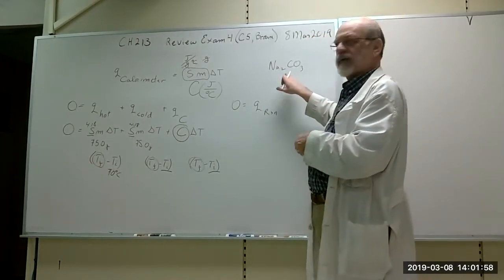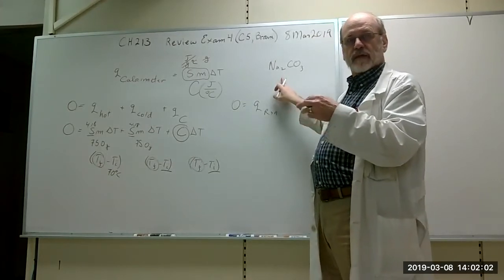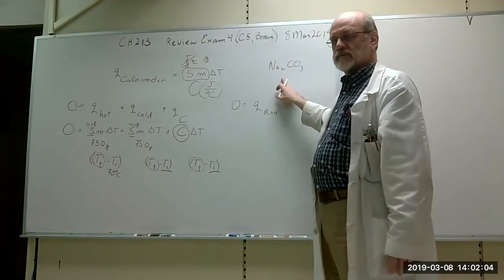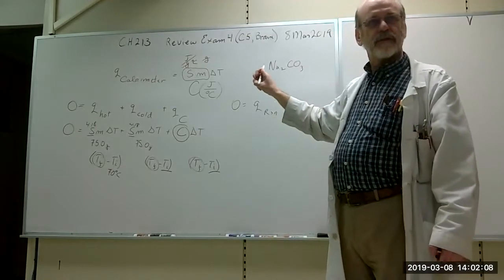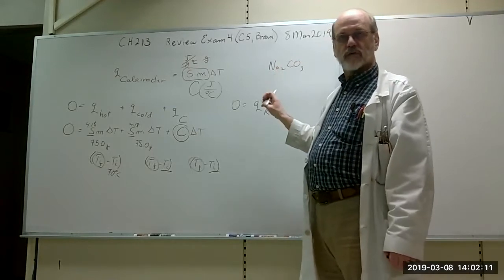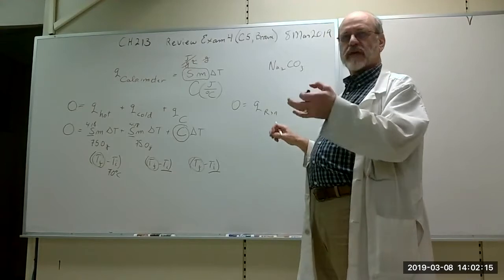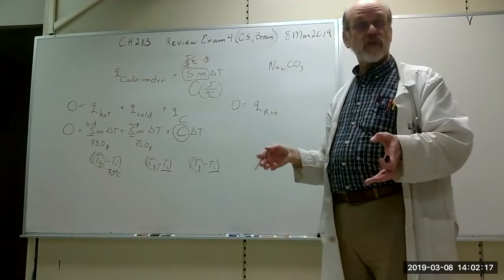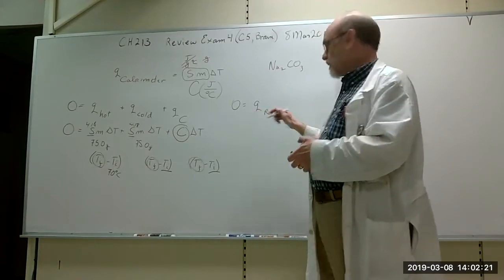You have to assume that the sodium carbonate that you add to that solution doesn't have its own specific heat capacity. It's only the water that's in there that you're concerned with. So you have the water in there first, measure the temperature, and then you put this in, measure the temperature after. And that gives you the Q of the reaction.